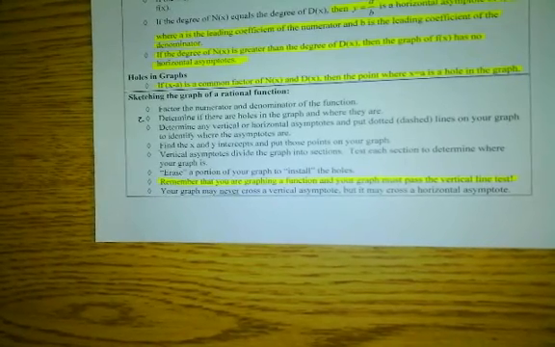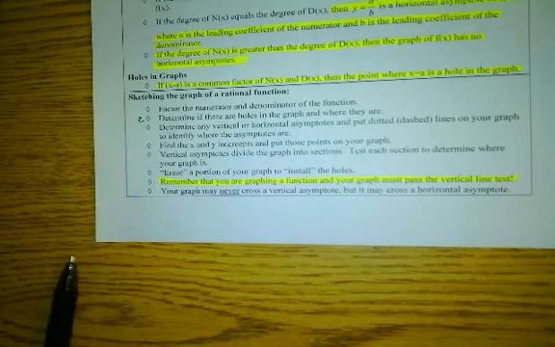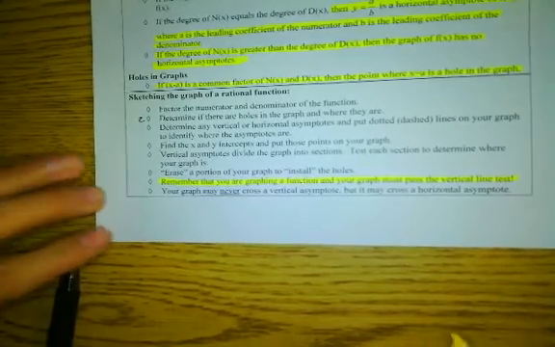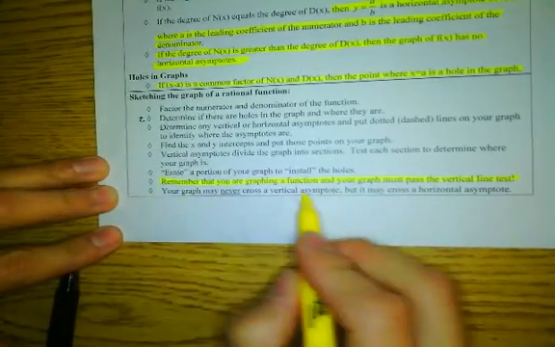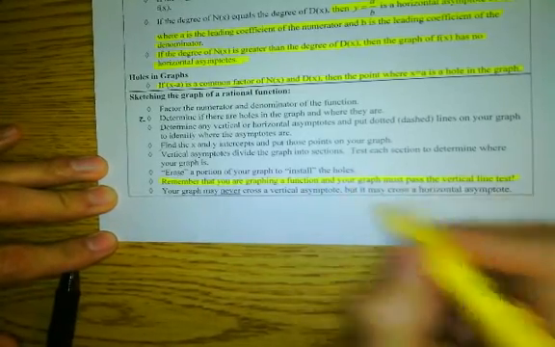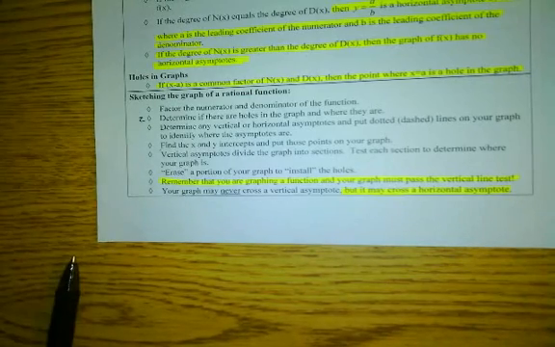You were told that you can never cross asymptotes. That's what most of you know. But in reality, there is one type of asymptote that you can cross. You may never ever cross a vertical asymptote. You can't. But you may actually cross a horizontal asymptote.